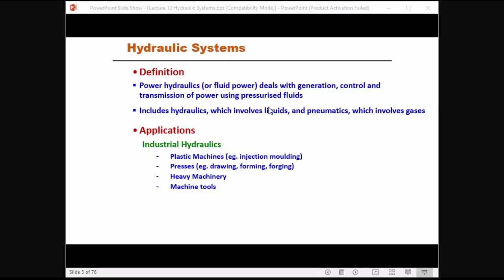Also hydraulic oil helps reduce heat generation in our hydraulic machinery.